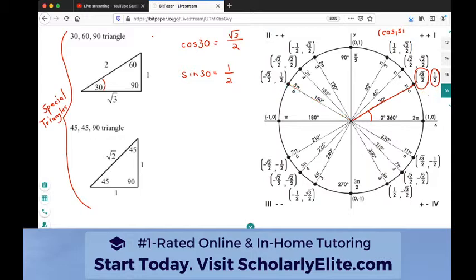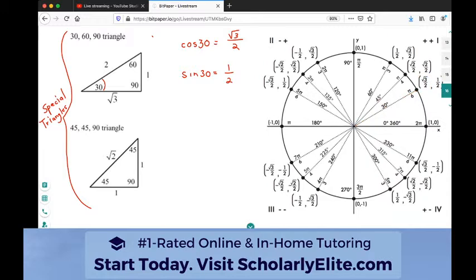We're going to be graphing sine and cosine, and we're going to place it on a graph that looks a little bit like a Cartesian plane. But when we do graph it, we're going to be graphing from 0 degrees all the way to 360. And this is what we're going to call one period in the graph.